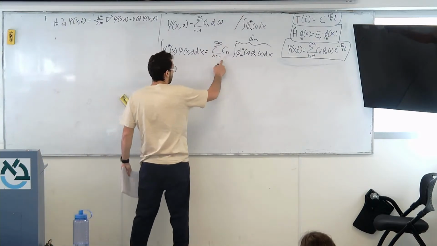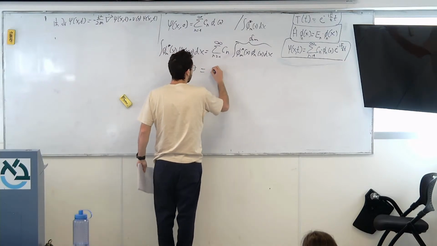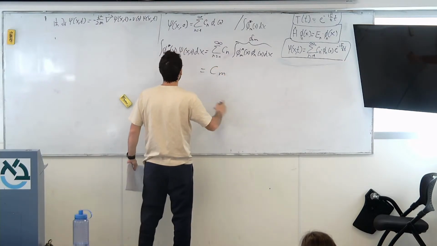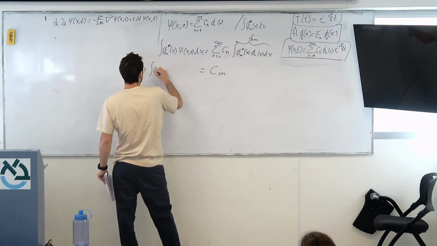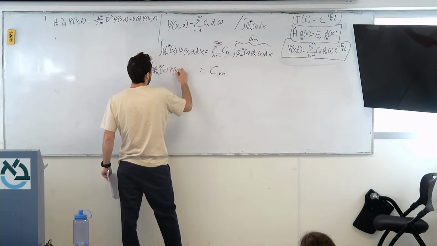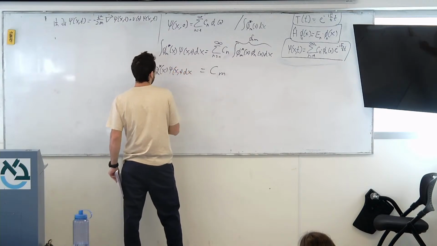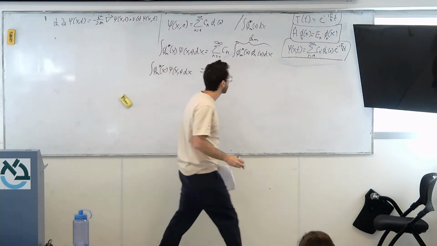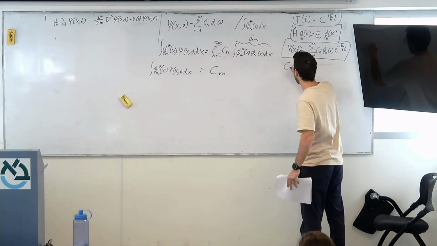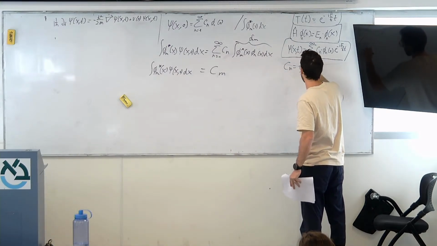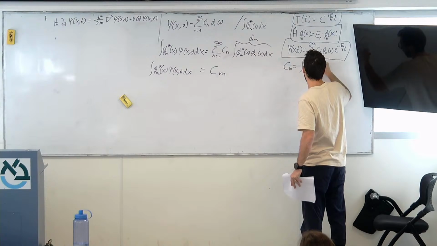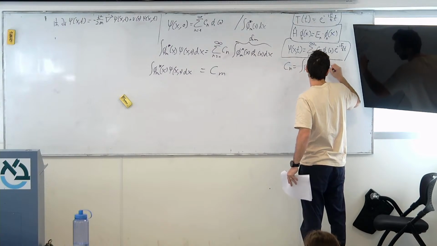And we get on the right hand side Cm, that's all, and on the left hand side phi m star of x psi of x 0 dx. Okay, I'd like to write it here. Cm equals an integral over phi m star of x psi of x 0 dx.